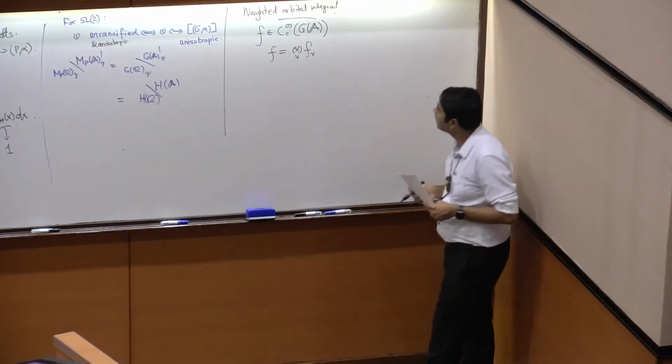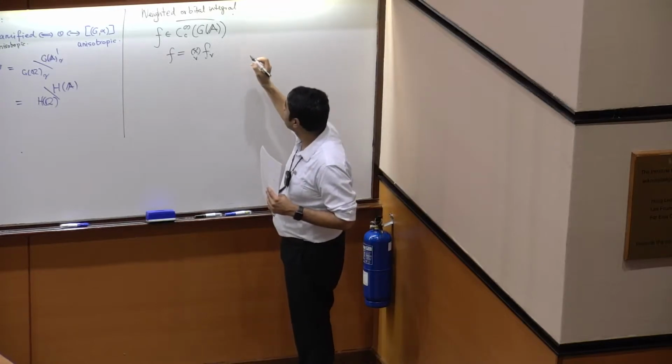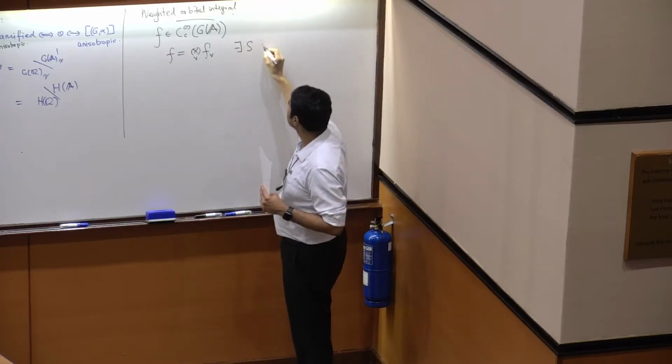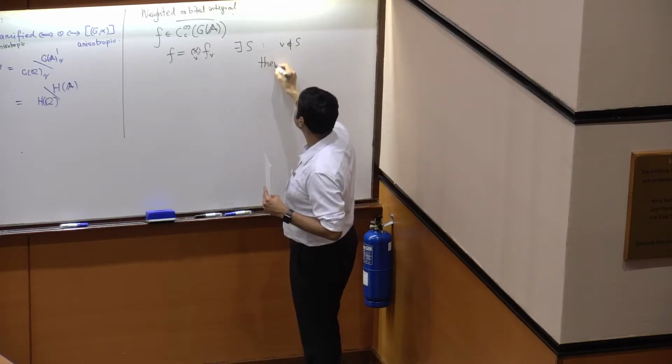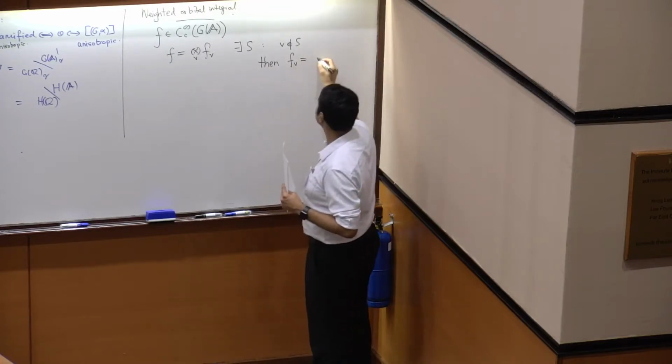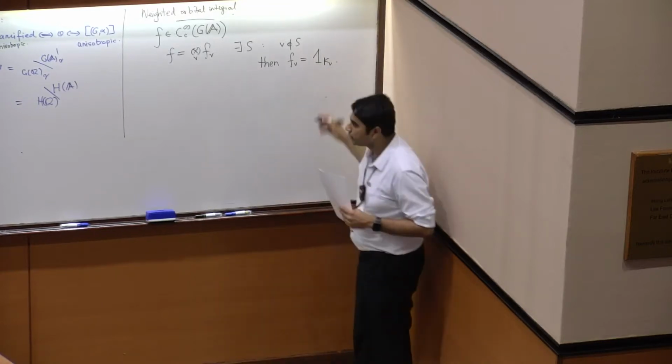Yeah. Thanks. So here there is a finite set S such that if V is outside S, then the V component is just the characteristic function of the maximal compact subgroup at that place.